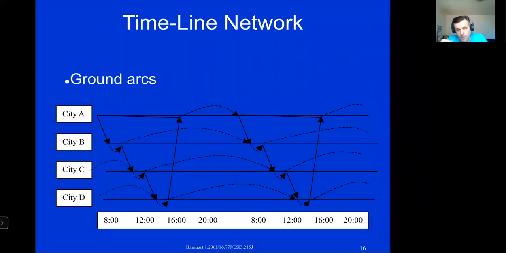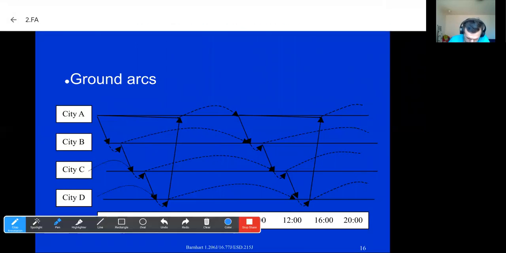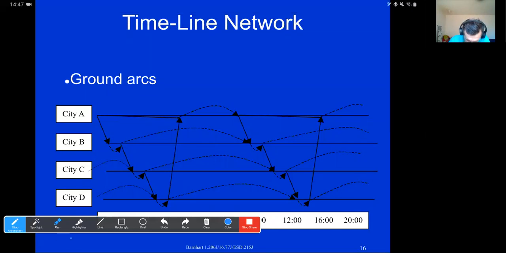In the MIT course, again, every airport is represented by a horizontal line, and well, you have the flight arcs, but you also have these what they call ground arcs, like this one, and this one, it goes from the airport kind of to itself. Anyway, again, here the airports are represented by horizontal lines, and the time goes from left to right.